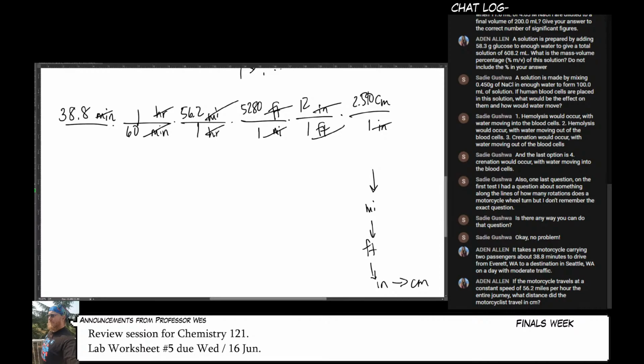And so I get a huge number of centimeters. 36 centimeters. There we go. So I get a big distance. And that makes sense because they went nearly 50 miles, right? So there should be a lot of centimeters in that.